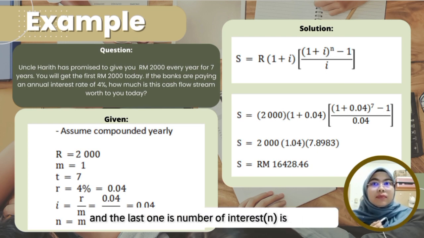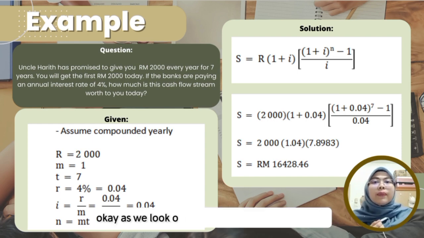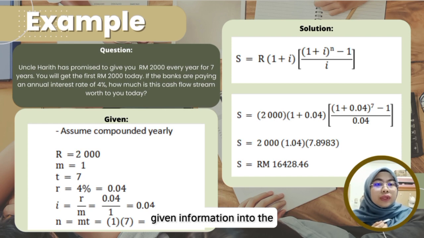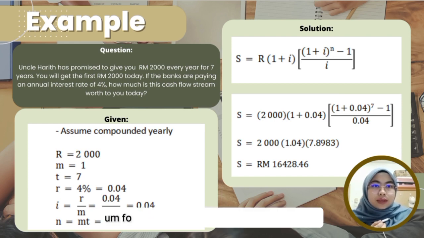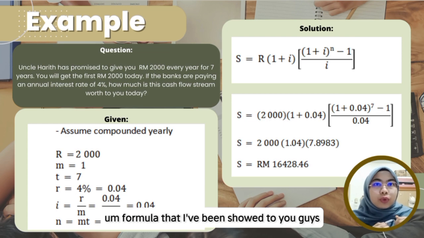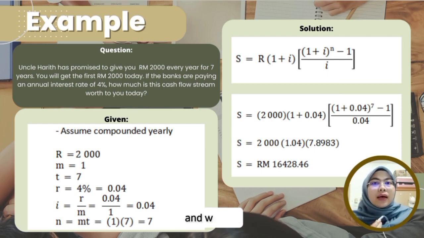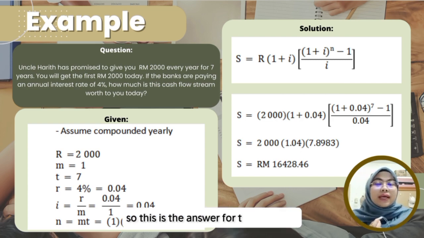And the last one, the number of periods, is equal to 7. For the solution, we just put the given information into the formula that I have shown you. After doing the calculation, we get 16,428 ringgit 49 cents. So this is the answer for this question.